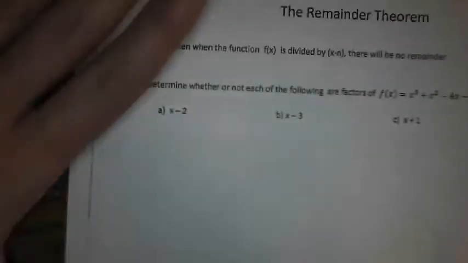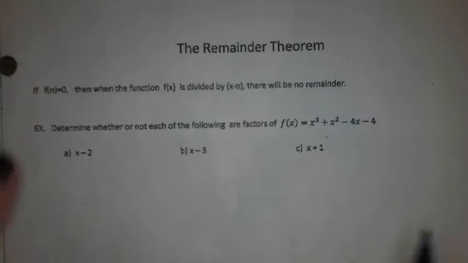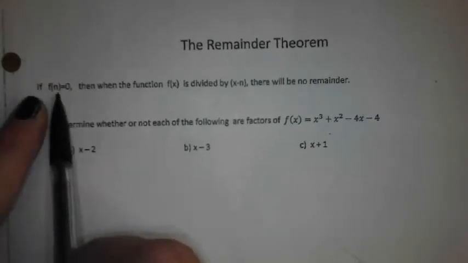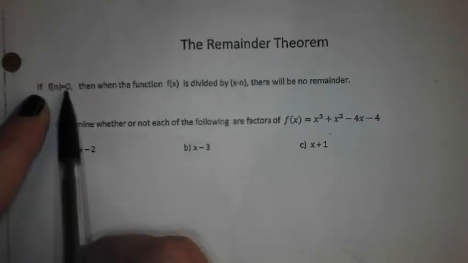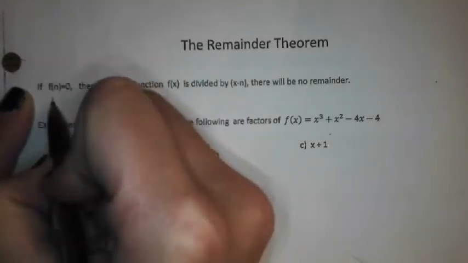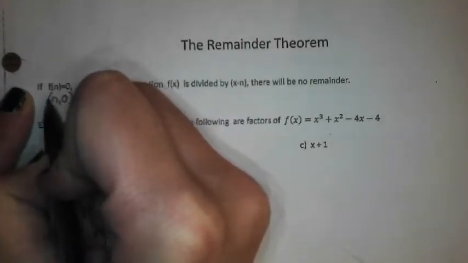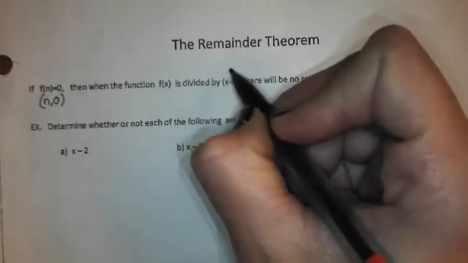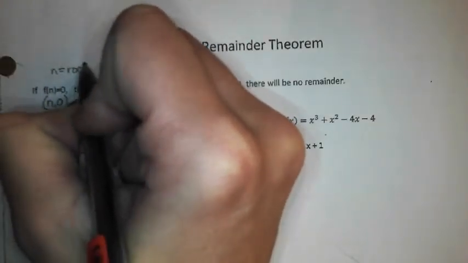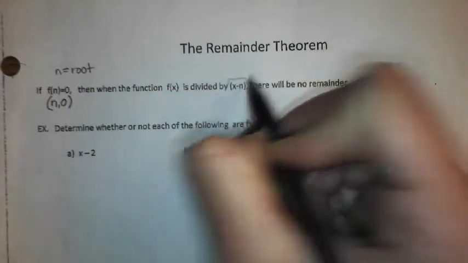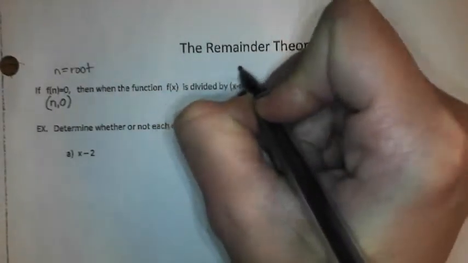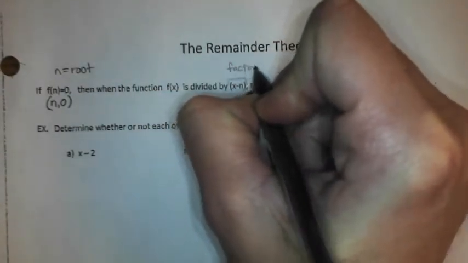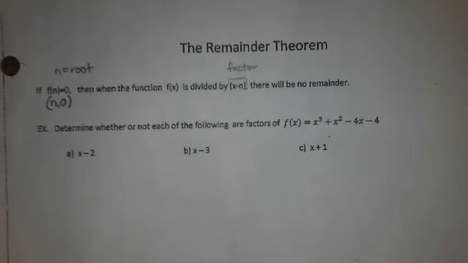So here we are to start our notes, the remainder theorem. If f of some number n equals 0, okay, we know from a point perspective that means (n, 0). Then when the function is divided by x minus n, that's the factor. n equals the root. x minus n is the factor. There will be no remainder.